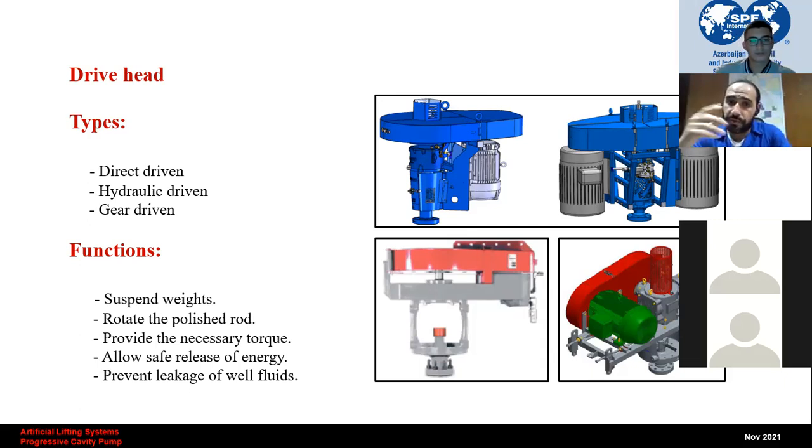Energy, or a huge amount of energy, we can say, is stored in the sucker rod string in the form of torsional energy. When the well is stopped, whether planned, I mean for maintenance or for any other purpose, or unplanned, the stored energy will be released suddenly.